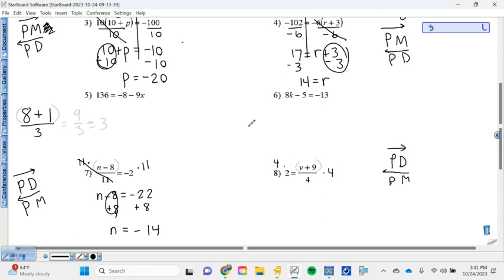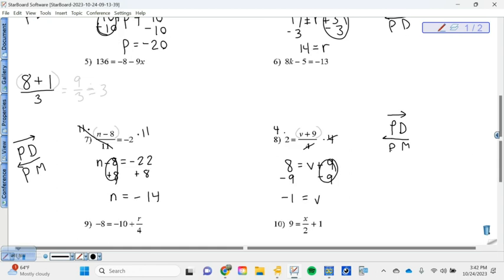A lot of times people will want to take the 4 and multiply the v and the 9. We don't need to do that. I have a 4 in the numerator and a 4 in the denominator. Those just cancel out to be 1. And then I've got 4 times 2 over here. What's 4 times 2? 8. And that equals v plus 9. So now how do I remove that addition? Subtract 9. So v equals negative 1.